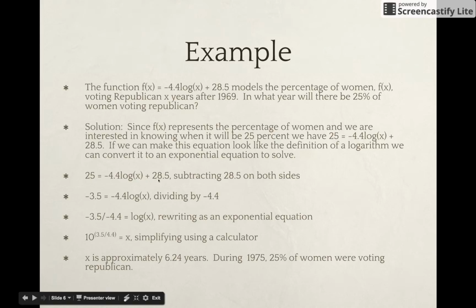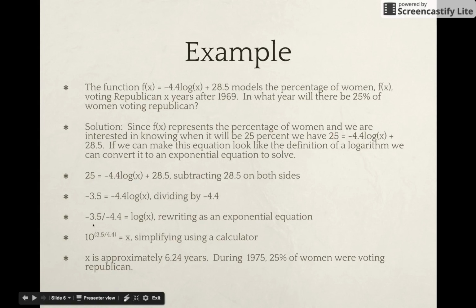That requires us to subtract 28.5 on both sides of the equation, which results in negative 3.5 equals negative 4.4 log of x. It's also going to require us to divide by negative 4.4 on both sides of the equation. That results in the statement the log of x is equal to negative 3.5 divided by negative 4.4.